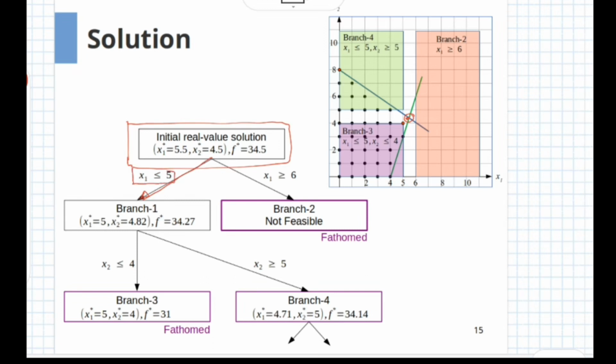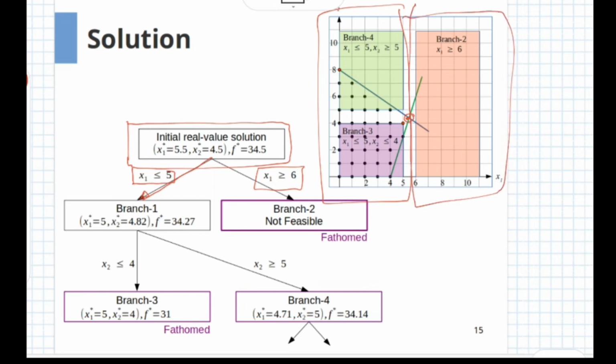First is x1 less than or equal to 5, that is the part denoted by this zone, and the other is x1 greater than or equal to 6, that is the right side zone, and out of which the branch number 2 corresponding to x1 greater than or equal to 6 is not feasible because it is lying entirely outside the feasible zone.